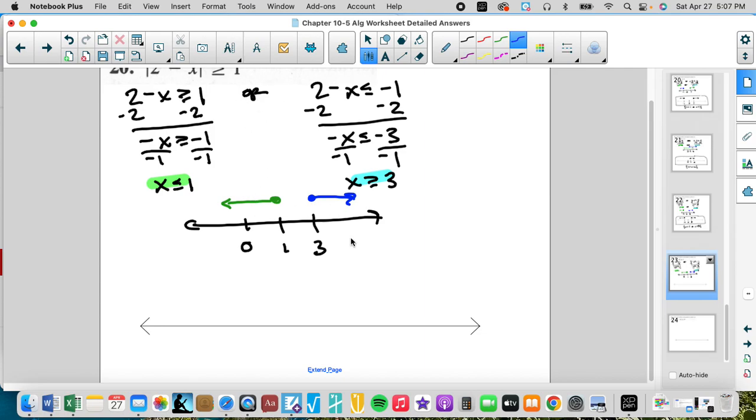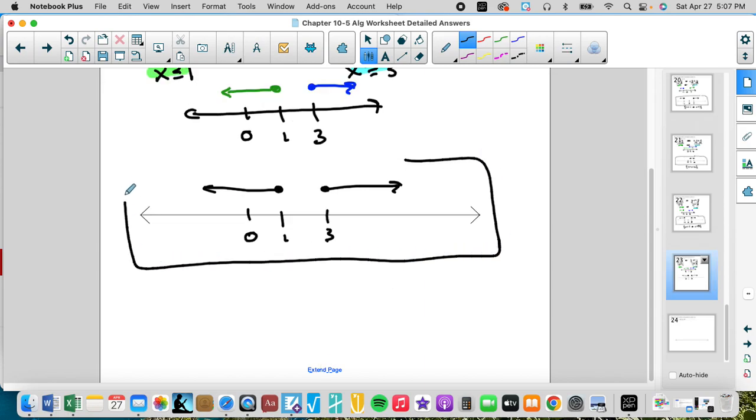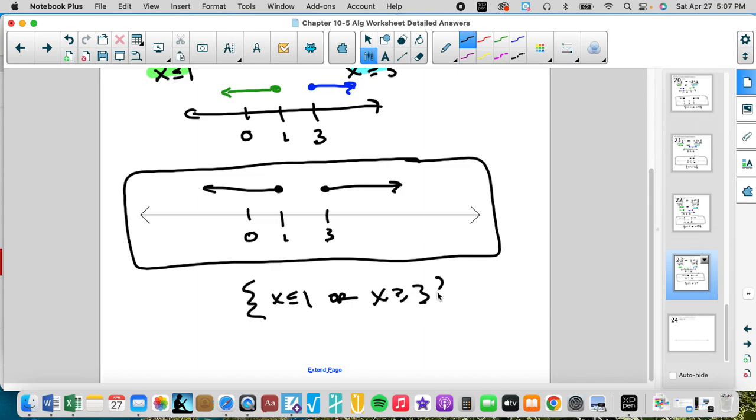That is an or, so that's okay. We would expect a union, or wings as we say. And that would be our answer. Let's write that as a statement. X is less than or equal to 1, or x is greater than or equal to 3.